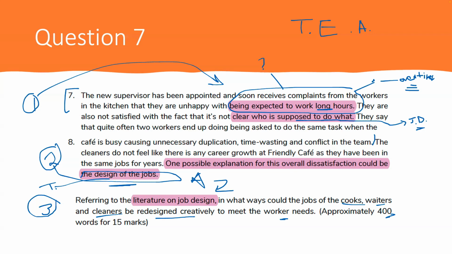Great. Can I just ask the third part of this question? Yes. Is this where I would touch on the job descriptions of the cook and the cleaner, for example? Absolutely.